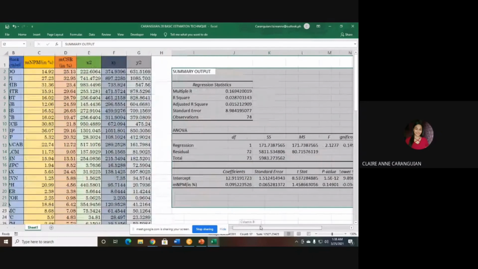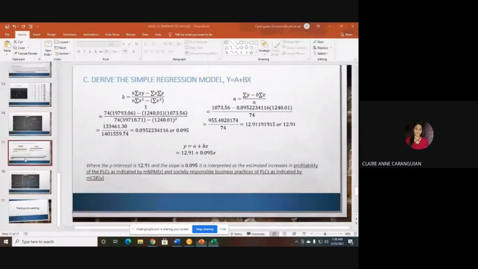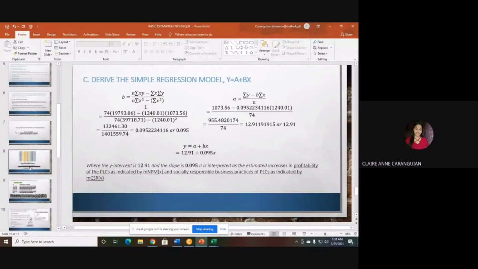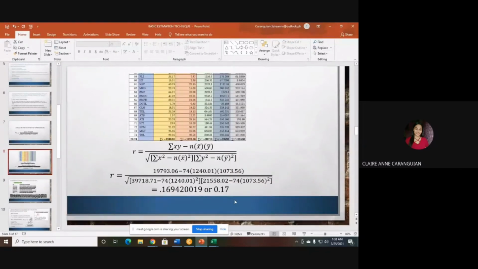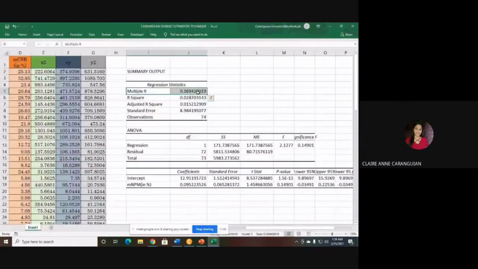So, ito yung pinadali. Ito yung R, yung correlation na kinumpute natin dito. Ayan, mas madali na siya dito. So, di ba minano-mano natin to sa calculator? 0.694219. Pero sa Excel, click lang. So, yan na.